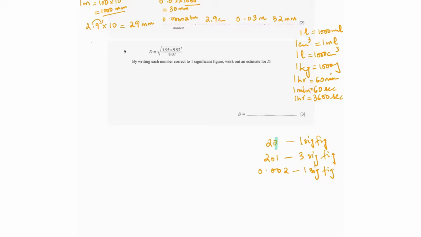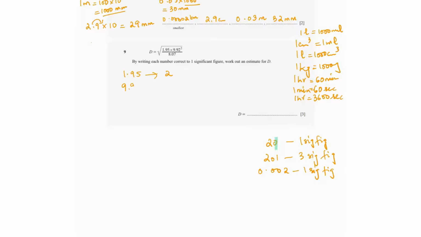So talking about that, we want to convert 1.95 correct to one significant figure. We know 1.95 is between 1 and 2. 1.95 is closer to 2, so we can rewrite that as 2, because 2 is one significant figure.